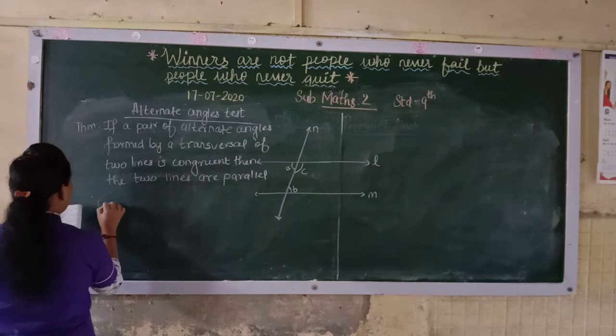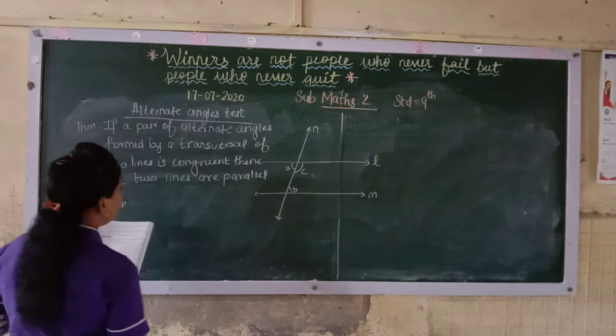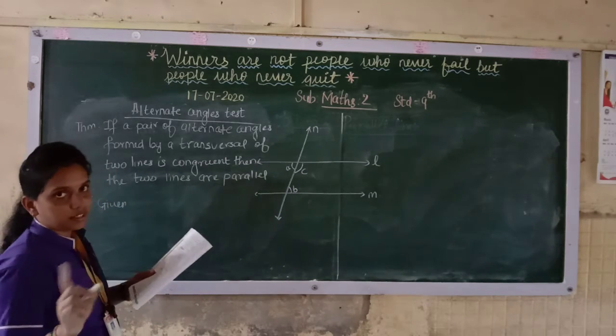Now you have to write here, given. Now see in the figure what is given. It is not given that the two lines are parallel.